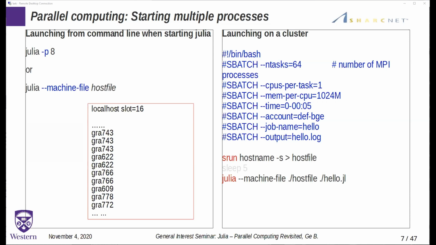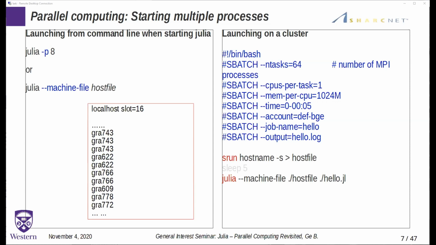Everything is the same. The only thing different is here, I use srun first to create the list of nodes, to create the host file. So this is the way to run Julia on a cluster with Slurm.